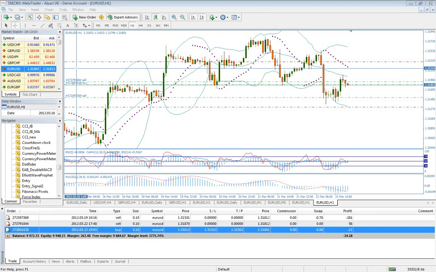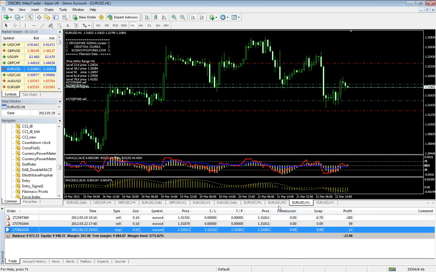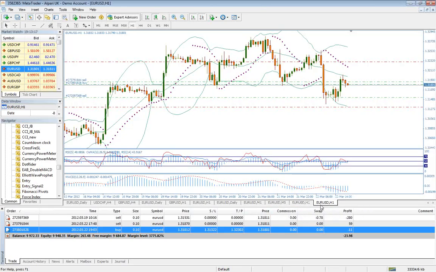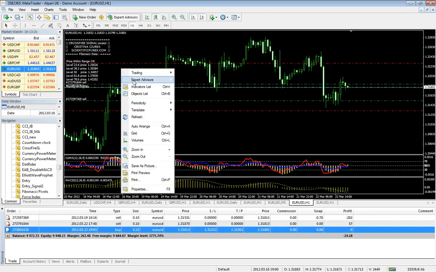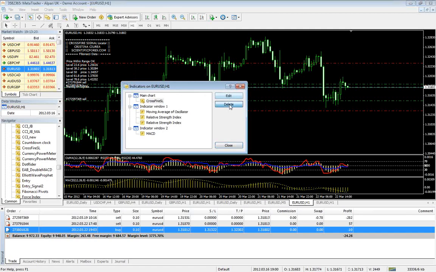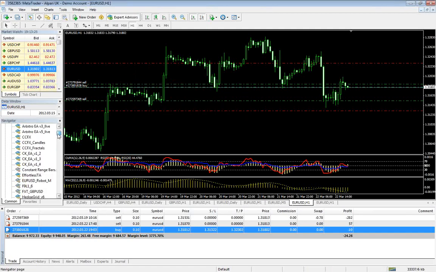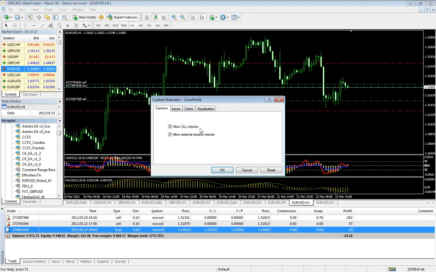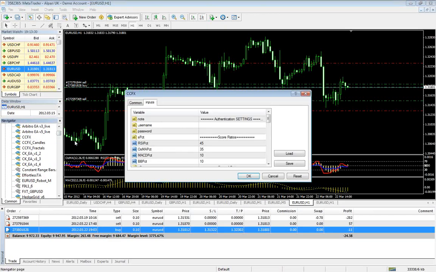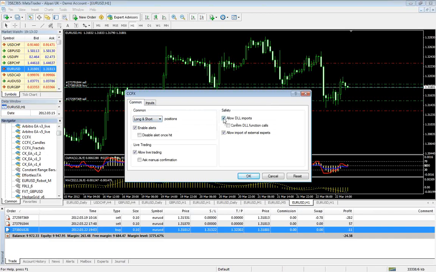A question from George: my CCFX still says authentication. Do I use username or email? Email. If you remember, I showed it to you. If it shows you only authentication, you need to make sure under the Common tab you have allow DLL imports, and also check your Experts tab.